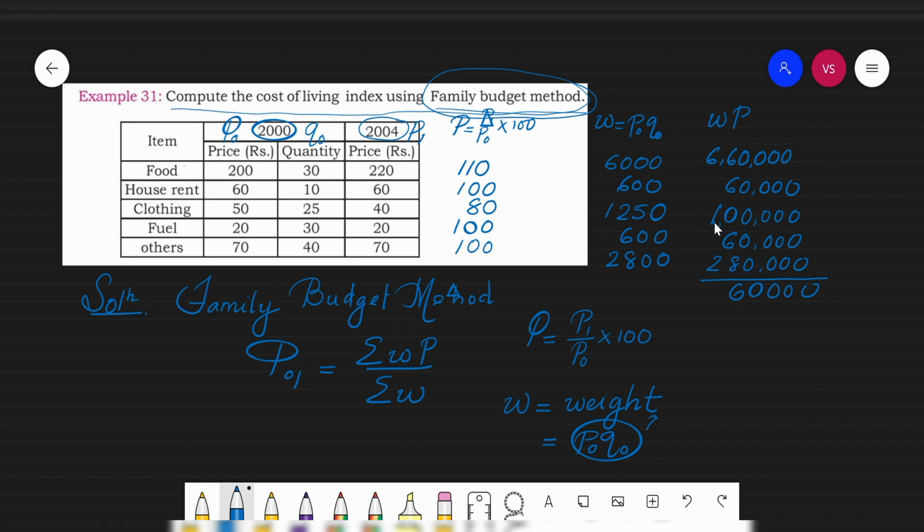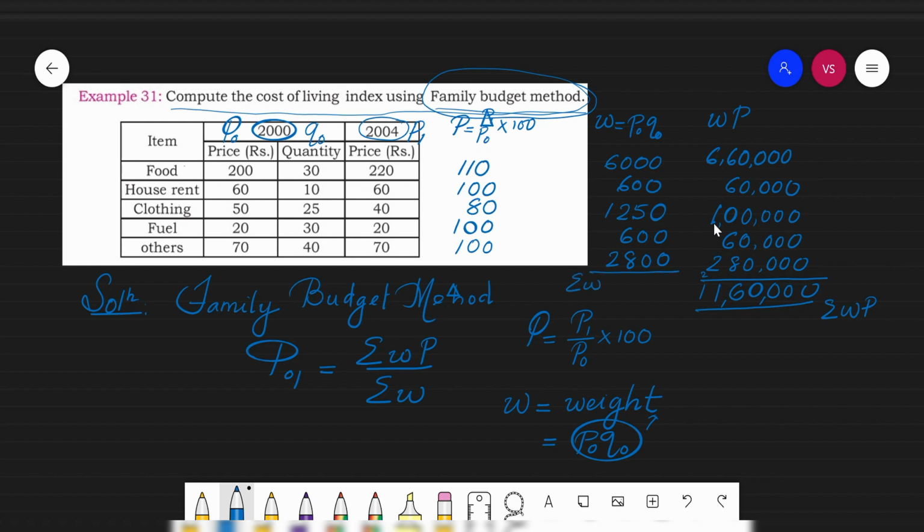Then 4, 5 plus 6 is 11. Is that clear? 11 lakhs 60,000. This is summation WP.